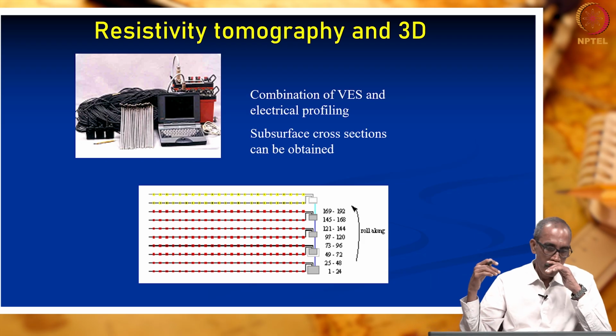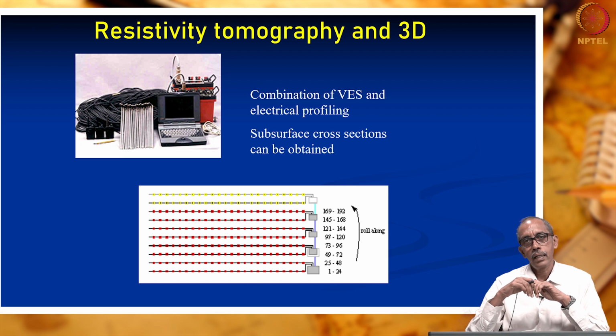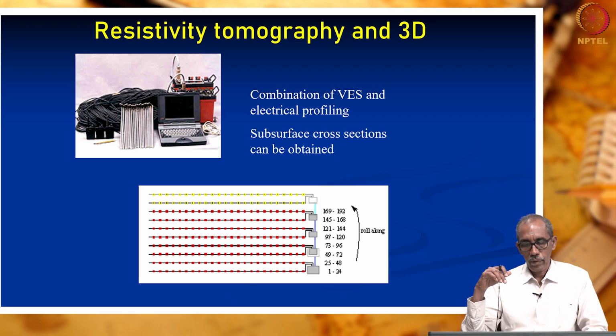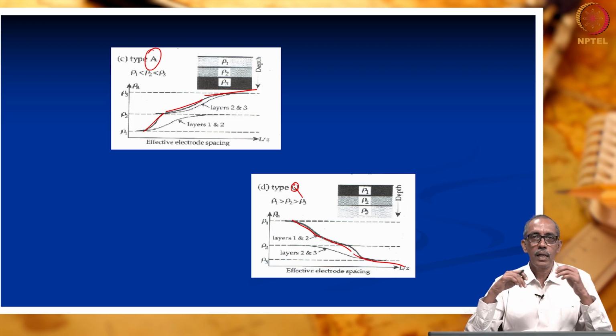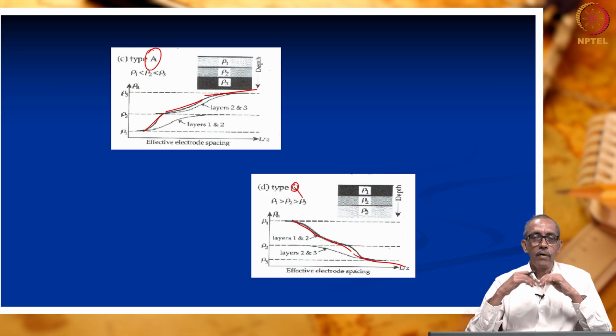And when we conduct the survey by 3D method, we are overcoming the issues which we have seen under vertical electrical sounding. So, what are the issues in vertical electrical sounding? It is difficult to deal with a large number of layers, because conventionally only for the 3-layer case are we able to quantify the thicknesses of layers.